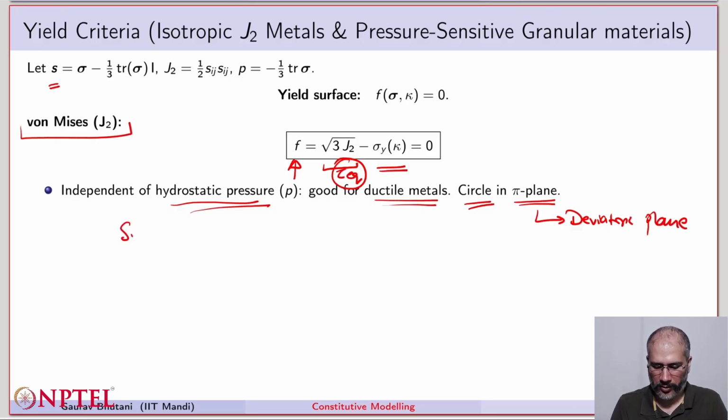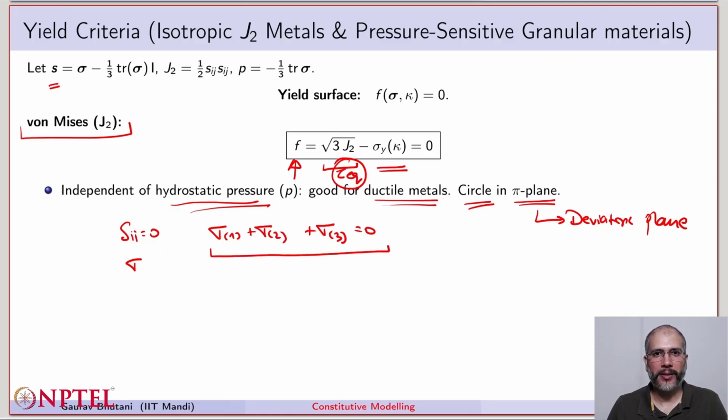We know that the trace of S is 0. That basically means that if we are talking about a sigma in this plane, then sigma 1 plus sigma 2 plus sigma 3 is 0. And this actually is a plane because sigma 1, sigma 2 and sigma 3 are the three axes in the 3D stress space.